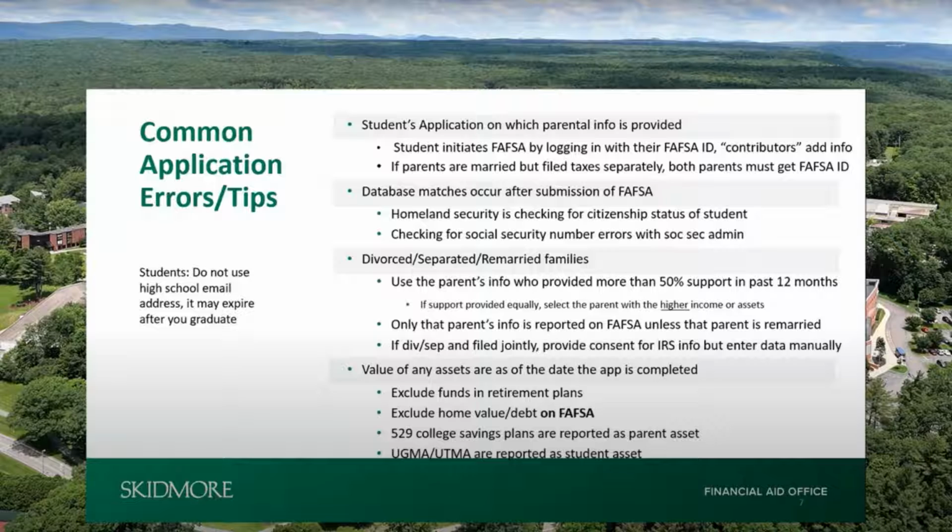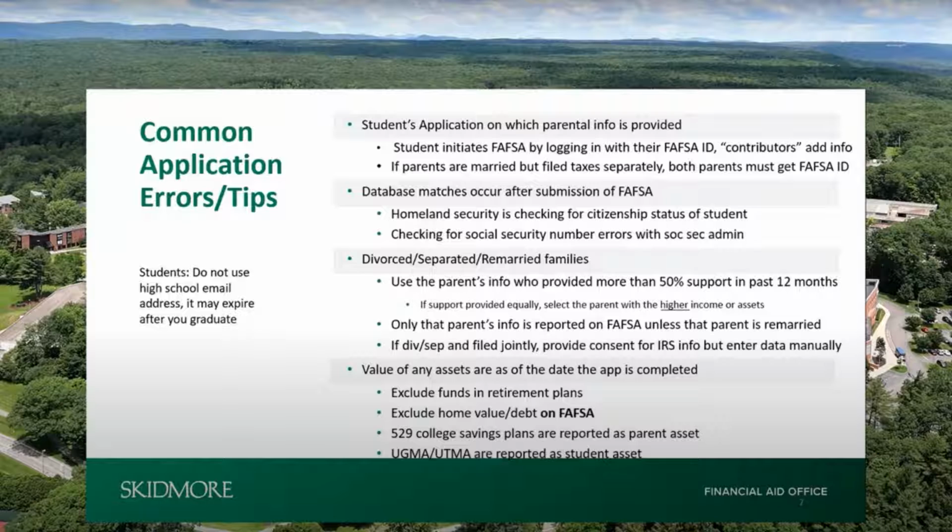If the parents are divorced or separated and filed jointly, it's kind of the opposite situation as the first one that I mentioned. If they file jointly, you have to provide consent for the IRS to pull in your income data, because there's a whole process behind the scenes for the FAFSA where the IRS is going to populate those income questions for you.